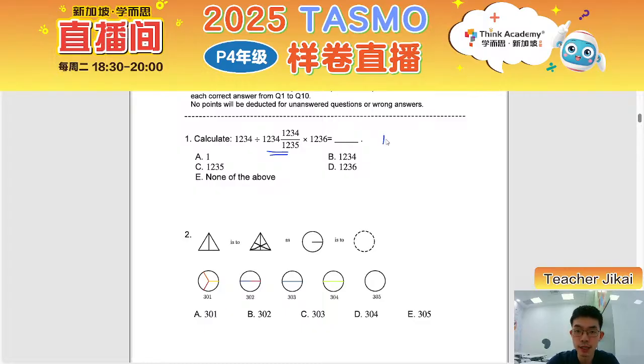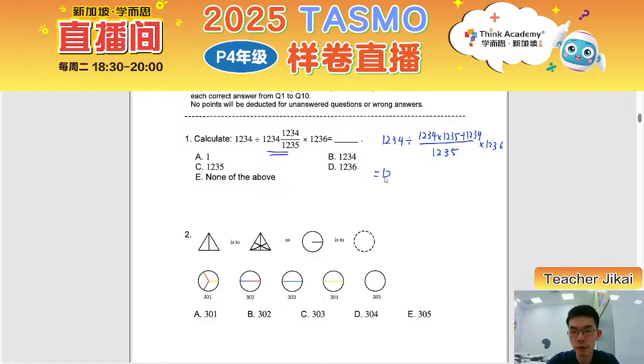So it is 1234 times 1235 plus 1234, over the denominator 1235. So we times 1236.